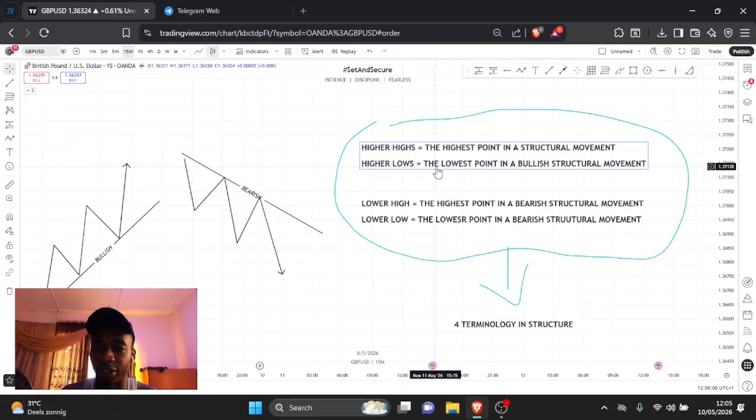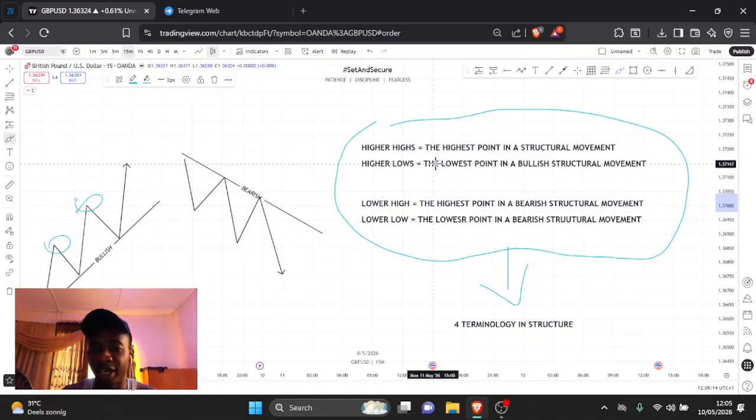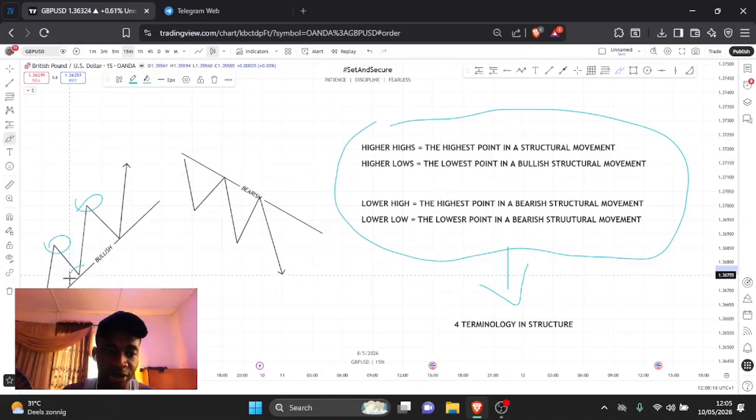So we have a bullish structural movement, which is this. That means the highest point in the structural movement is what? Higher highs. These are higher highs. Then higher lows is the lowest point in the structural movement. This is what? Higher lows.